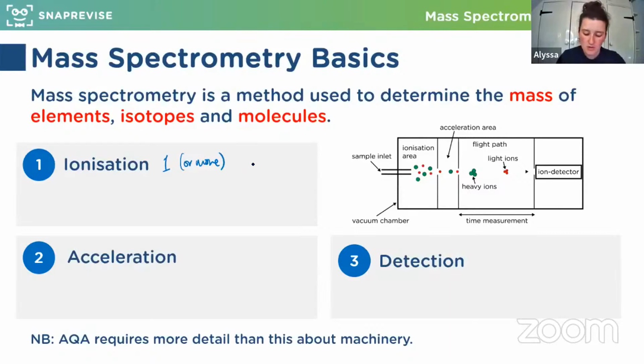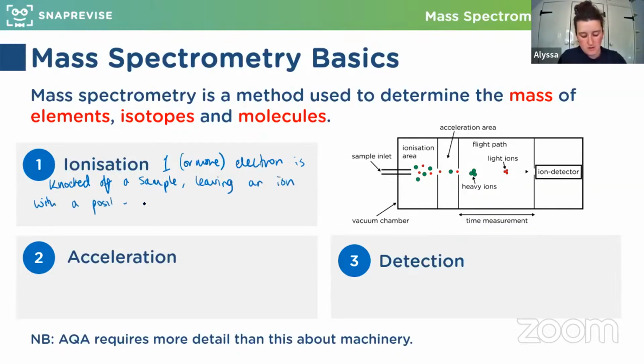One or more electrons is knocked off a sample, leaving an ion with a positive charge. And obviously, if you knock off one electron, it's 1+ charge. You knock off 2 electrons, it's 2+ charge, etc.